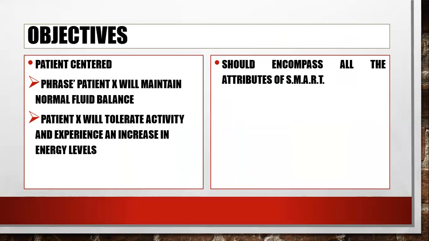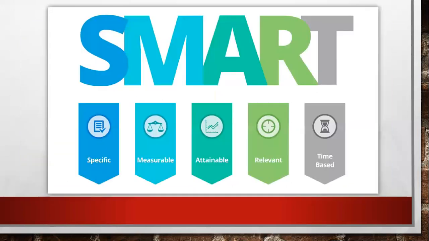When you are writing this objective, it should be patient-centered, and therefore, we begin our sentences by indicating that patient X or Mr. X will maintain normal fluid balance. But remember that your objective should be SMART: specific, measurable, attainable, relevant, and time-bound.